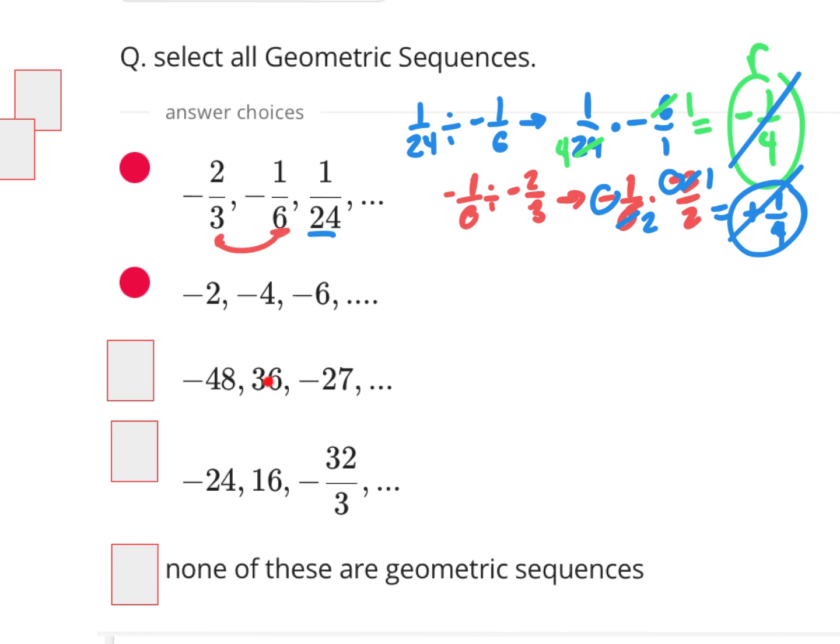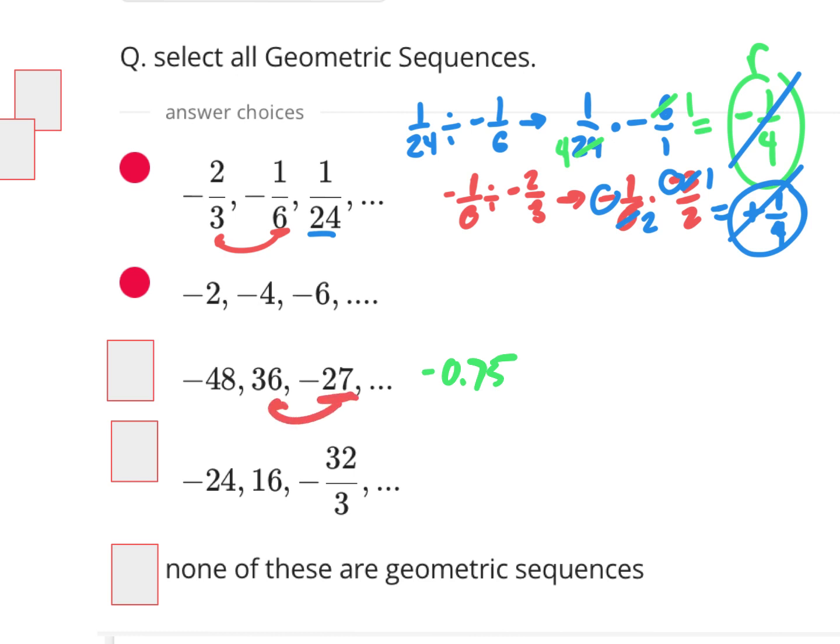Right here, let's check 36 divided by negative 48. And you know what? I want to do this one on the calculator. 36 divided by negative 48 gives us negative 0.75 on the calculator. But now let me also do the negative 27 divided by 36.